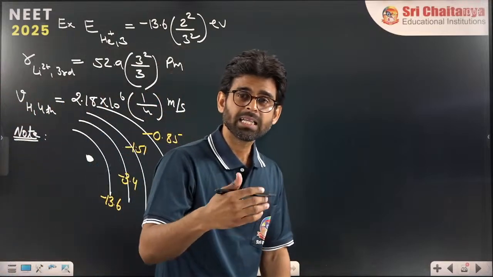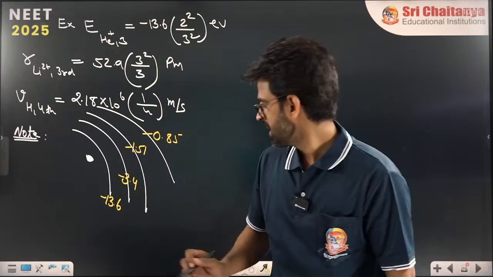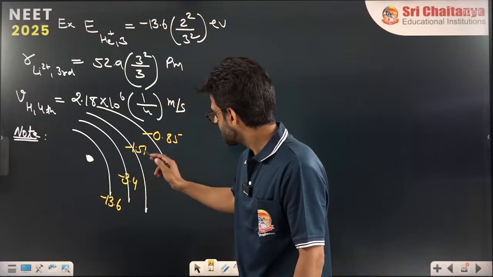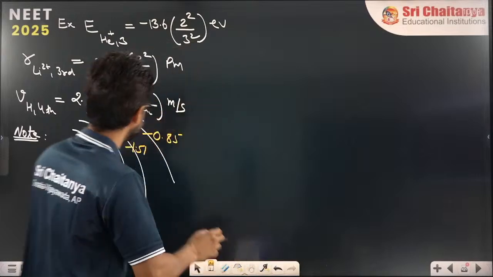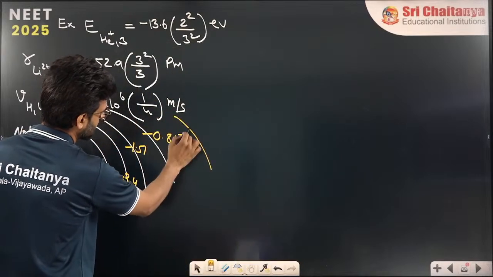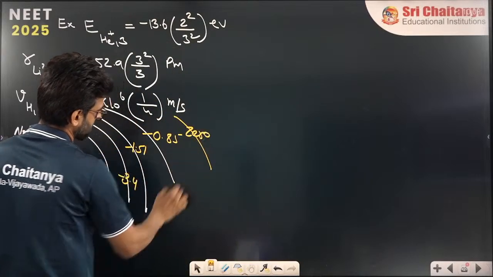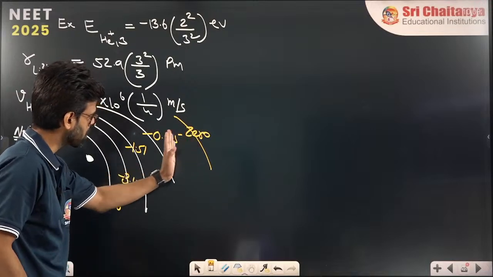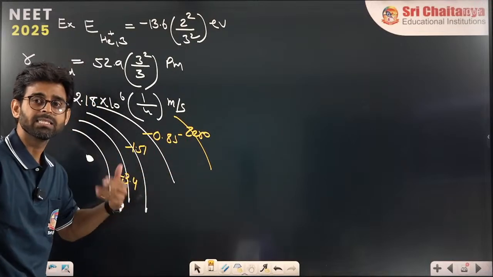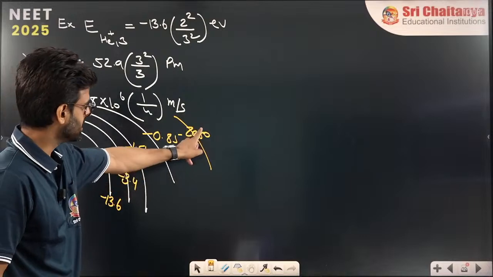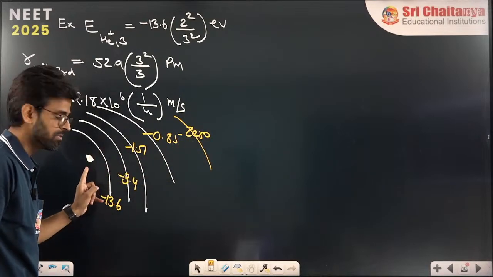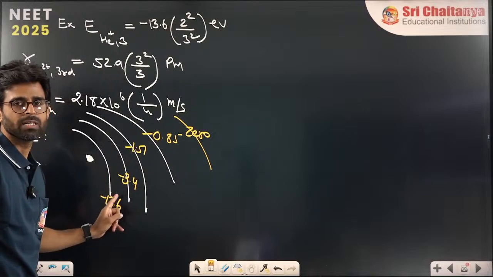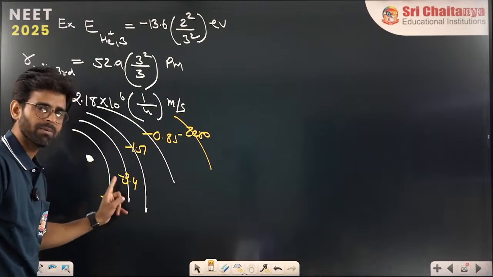You see, energy is increasing. If I compare E1, E2, E3, E4, energy is increasing, because in the infinite shell, energy is 0. That's why when an electron comes closer to the nucleus, energy is released. As I am taking 0 at the infinite shell, it is most negative near the nucleus, and that's why we call it the minimum.